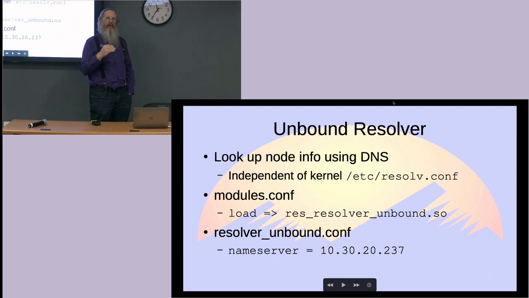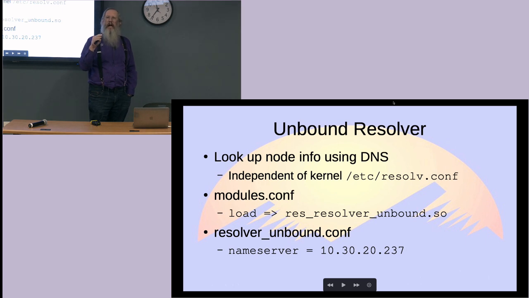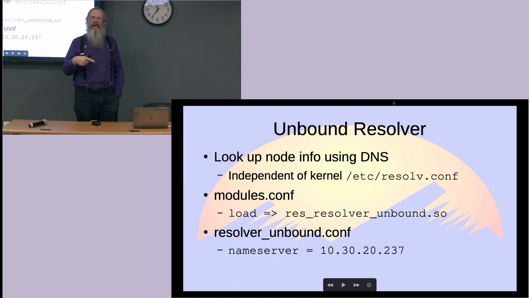Built into Asterisk, there is a separate DNS resolver. To get it, you have to add to the modules.conf the load res_resolver_unbound module. That actually isn't in the modules.conf, not even commented out for some reason. You have to manually add it, but it's not that big a deal to just add that one line.